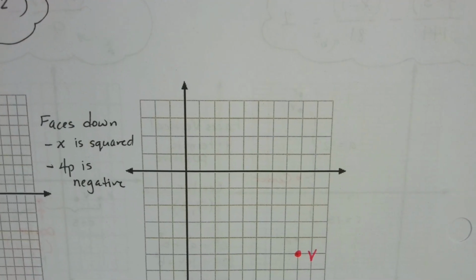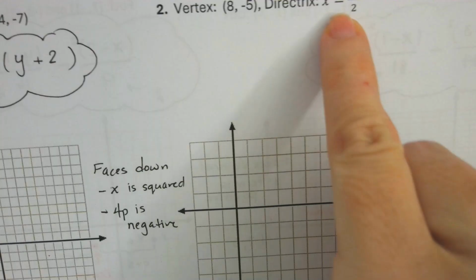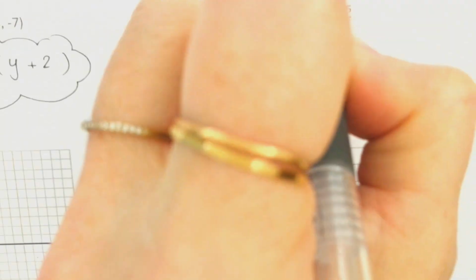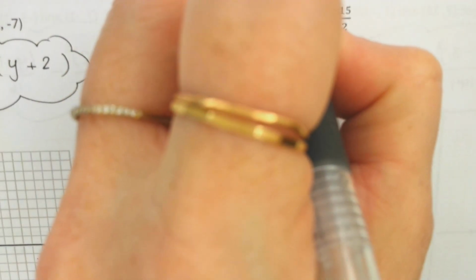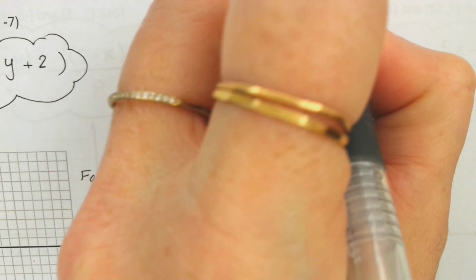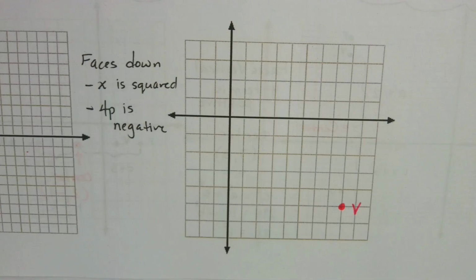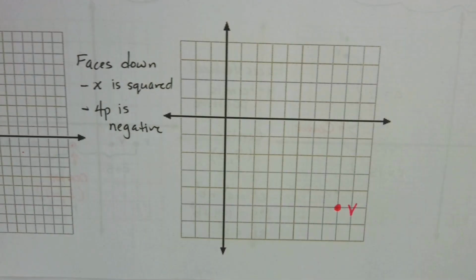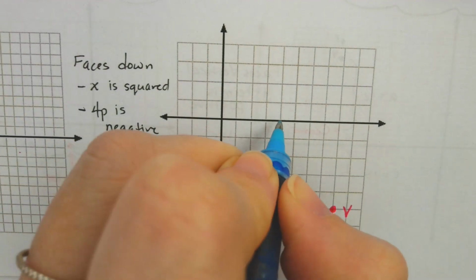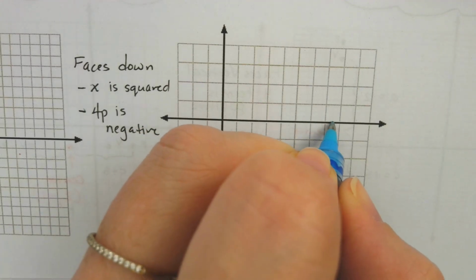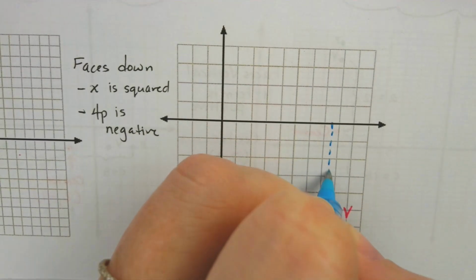X equals at least tells me it's vertical. What is 15 over 2 as a decimal? So it's a vertical line at 7.5. 1, 2, 3, 4, 5, 6, 7.5. Vertical line.